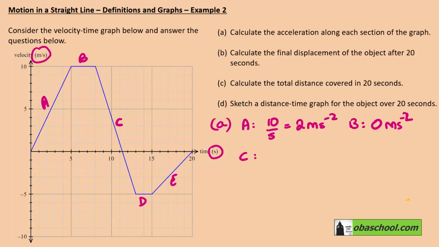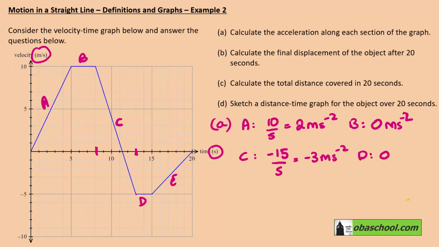Now along C, the change in velocity is negative 15. It goes from 10 down to negative 5. And that happens over a period of 5 seconds. So that is negative 3 meters per second squared.